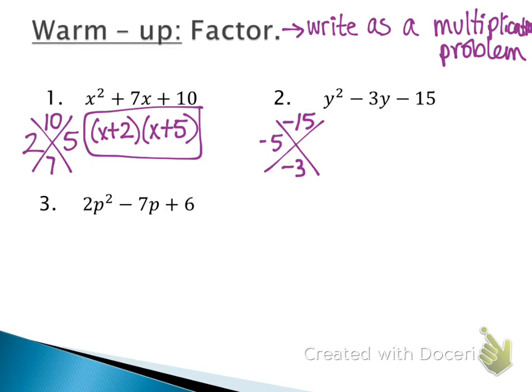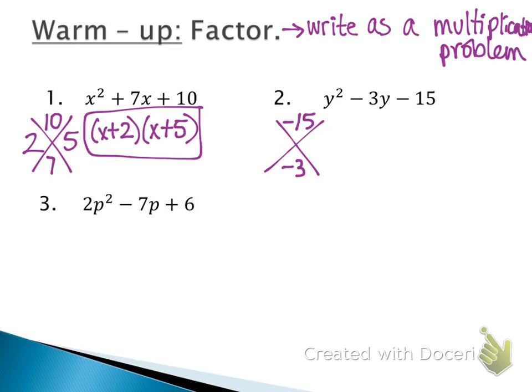Right, so our initial thought is something like negative 5 and 3, but that wouldn't give us a negative 3, would it? So that doesn't work. If I switch the signs, is that going to help? If I have a 5 and a negative 3? No, still doesn't work.